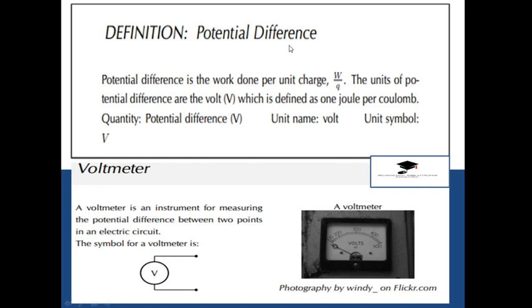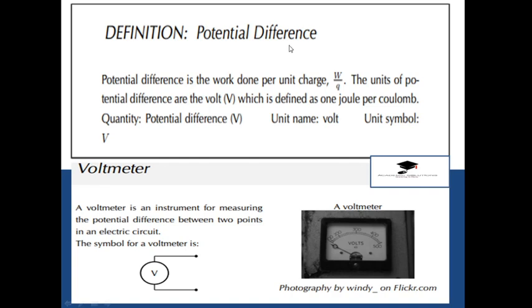Remember, a switch is used to control the flow of charges. So before a charge will flow, some kind of work needs to be done on it to push it, to move it. The battery is the one which does that kind of work on the charges, because the battery has what we call potential energy, which can be changed to electrical energy.